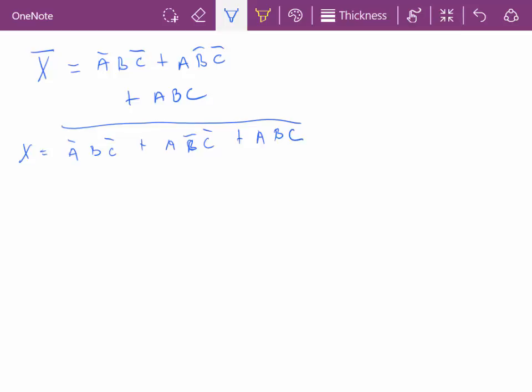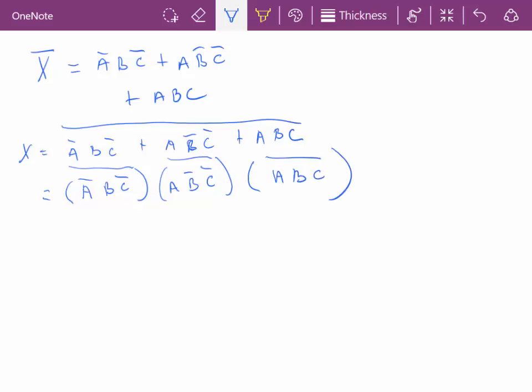So this is what the function is. Now I have to use De Morgan's rule. De Morgan's rule is going to be then, the function is a naught b c naught, all with an and over it, a b naught c naught, all with an and over it, a b c, all with an and over it. That is what my function is.